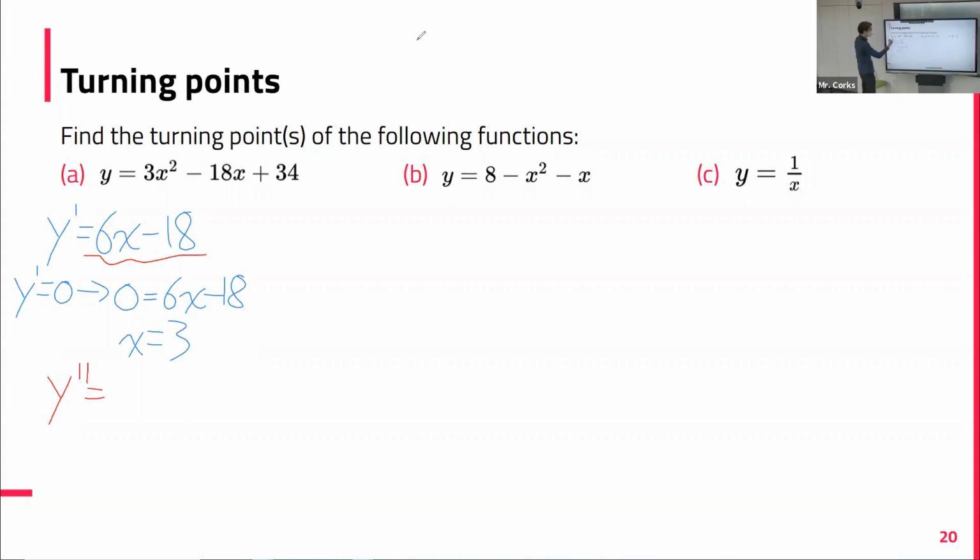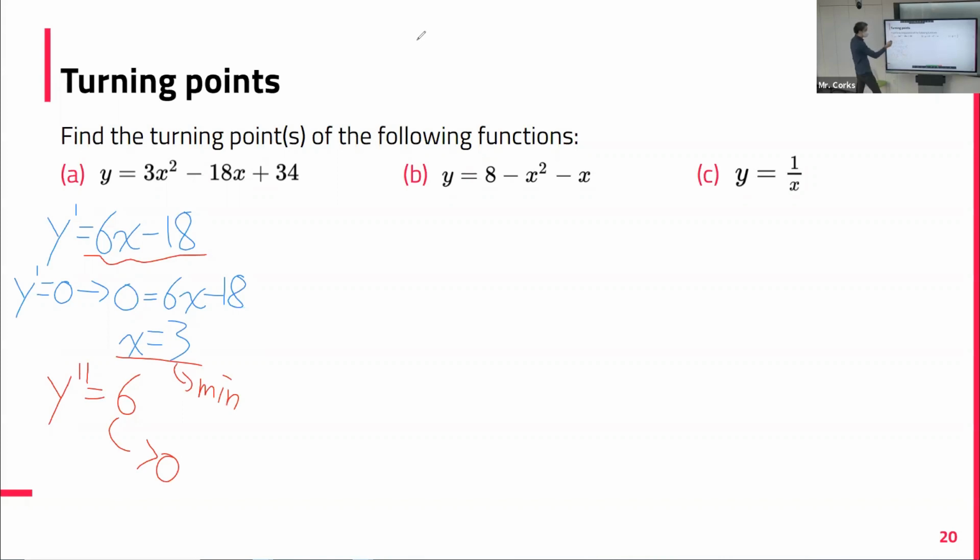Exact same thing: 6x minus 18, the derivative of that is just 6. This is what we look at. Is this positive or negative? This is positive. What does that tell us about the point x equals 3? It is a minimum point. This thing is greater than 0, so therefore this is a minimum.